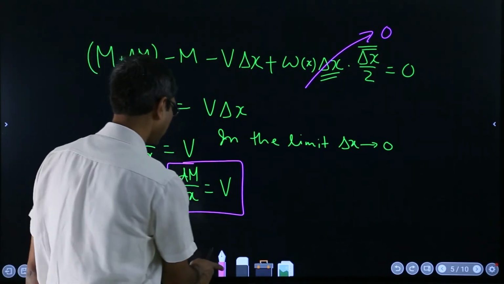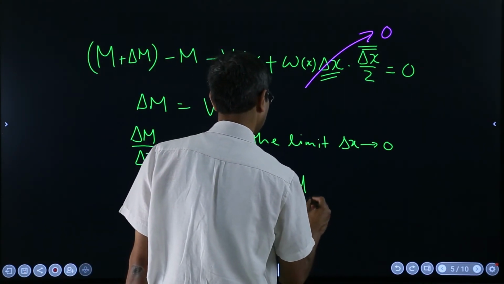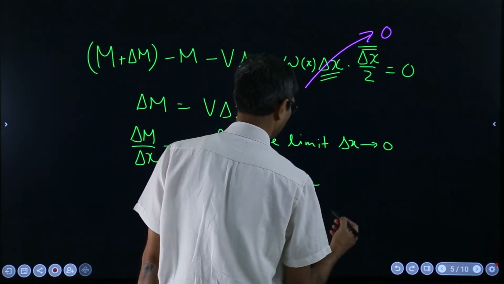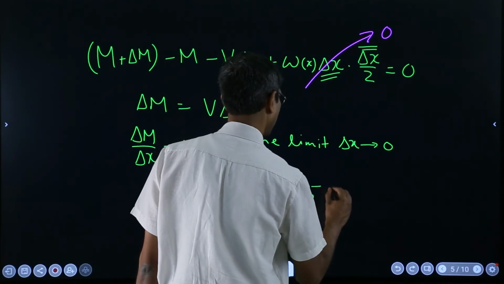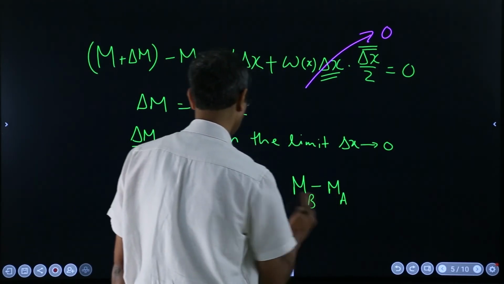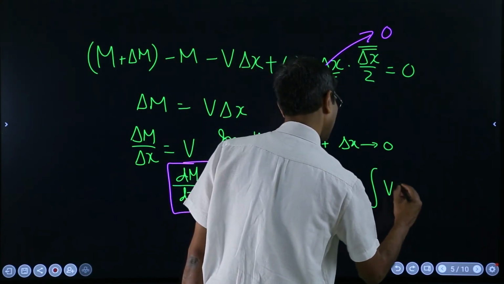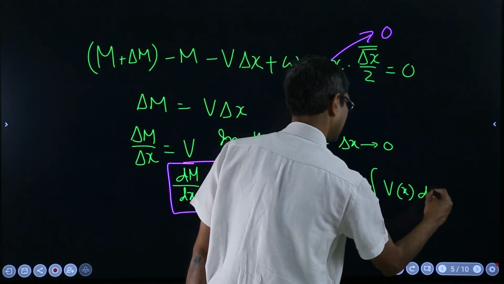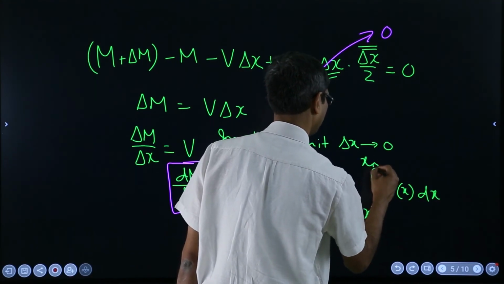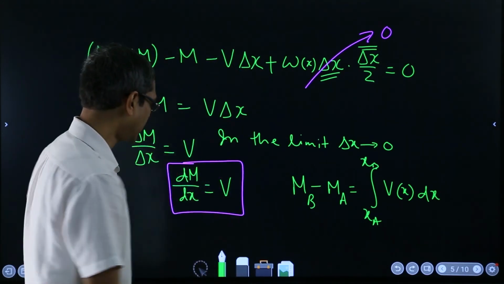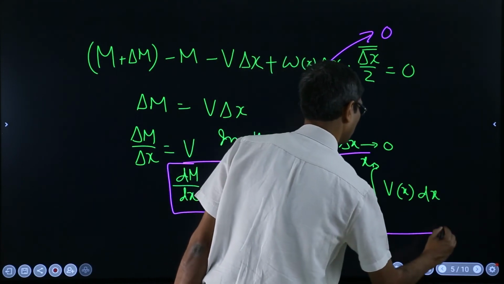And in exactly the same way, the change in M between A and B will be the integral of V as a function of x dx between xa to xb. So that's the way to look at it.